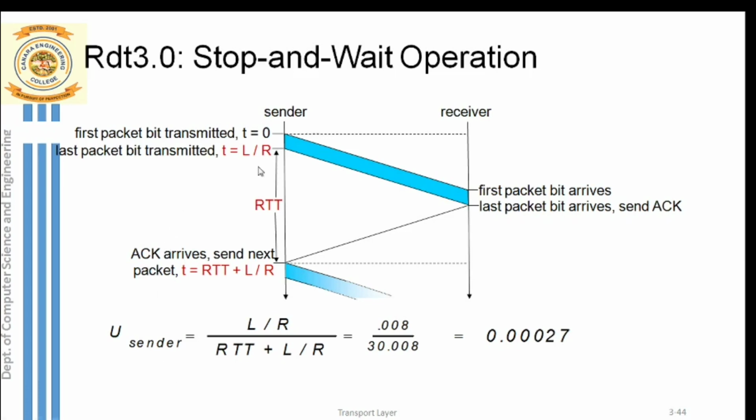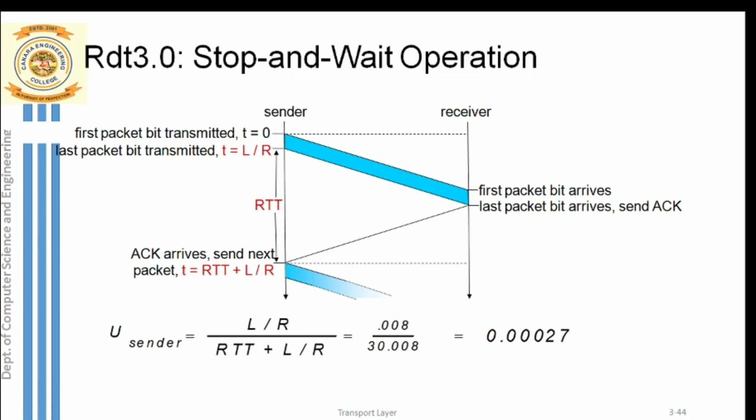So the sender is sending the first packet, and if the packet size is 1 byte, at time t equal to 0 the first bit of the first packet is sent. At time t equal to 1, the very next instant, the second bit of the packet is sent.